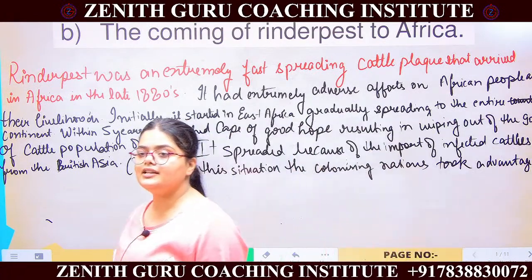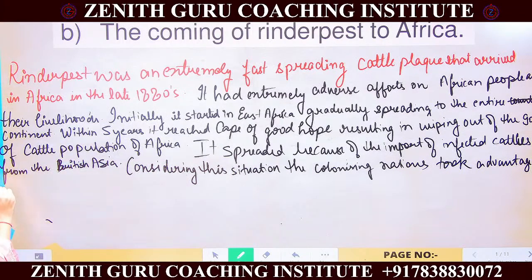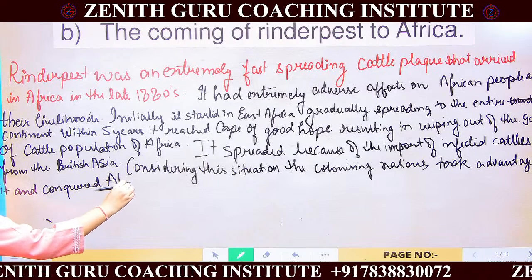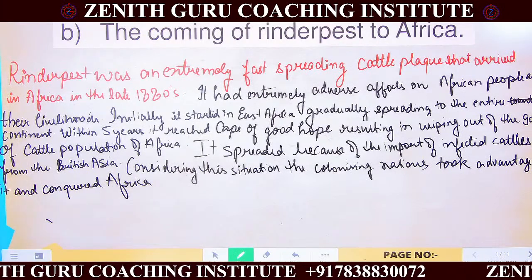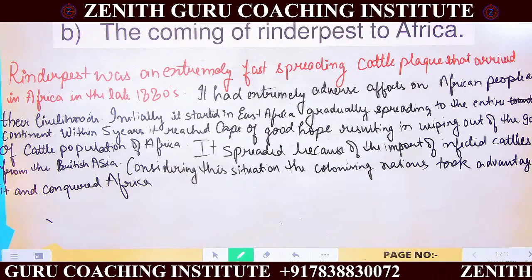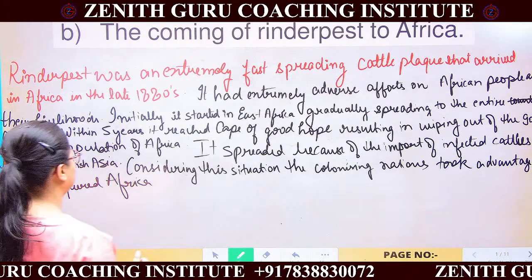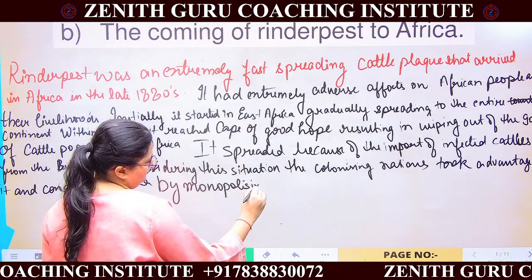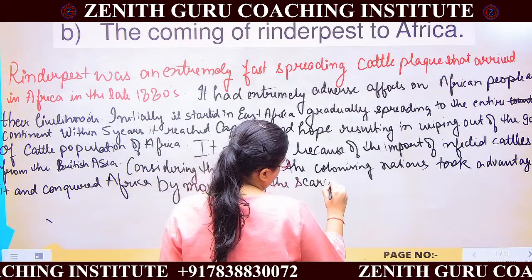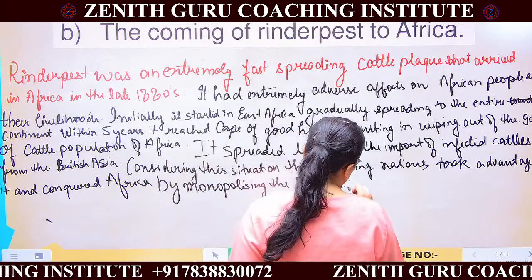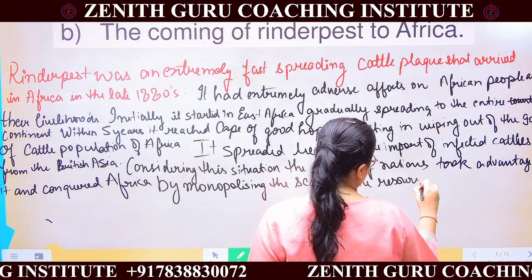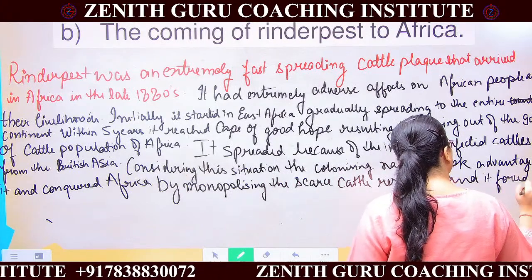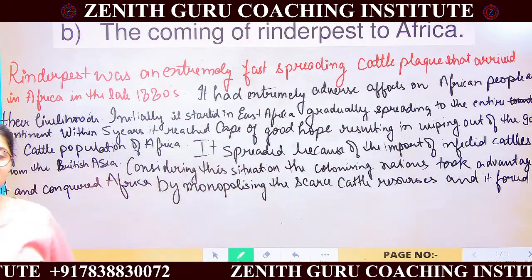They took advantage of it and conquered Africa by monopolizing the scarce cattle resources and it forced, okay, the Africans into the labor market.